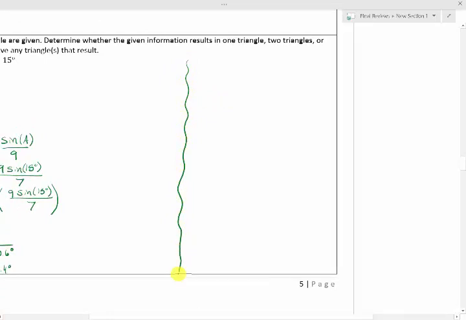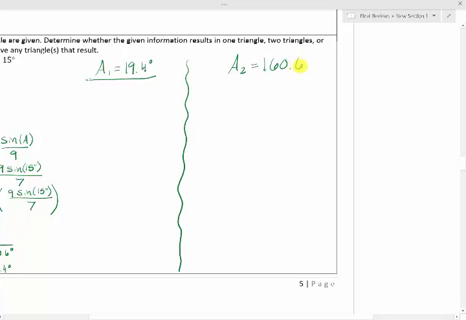One side will be angle A sub 1, one side will be angle A sub 2. So our angle A sub 1 was that 19.4 degrees. And our angle A sub 2 is going to be our 160.6 degrees.